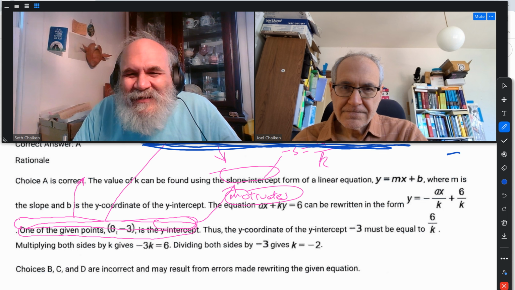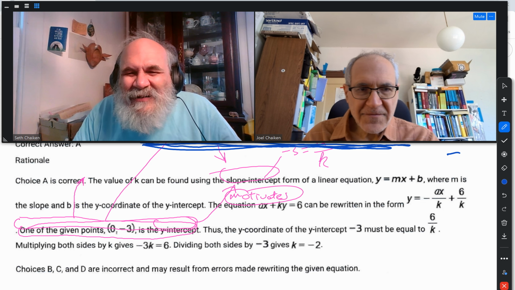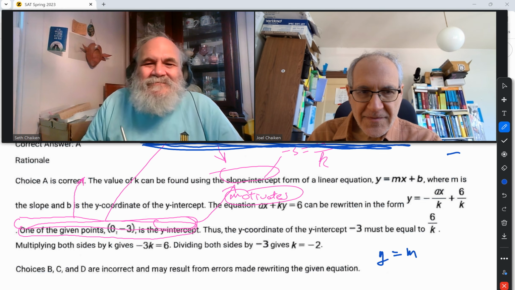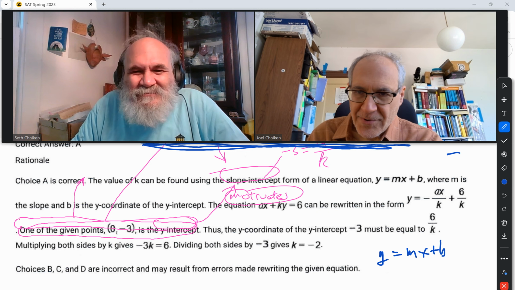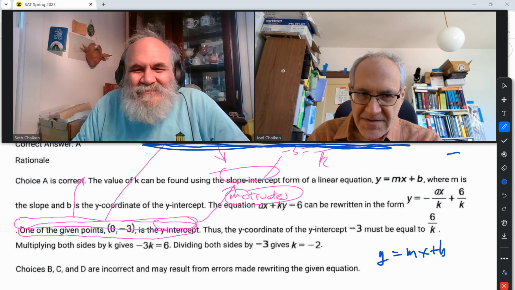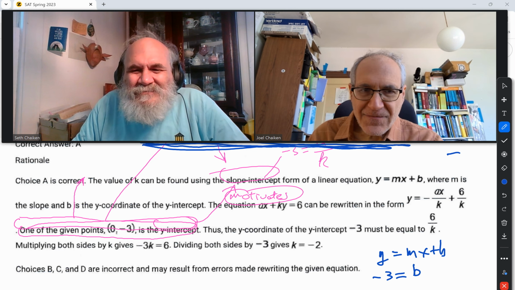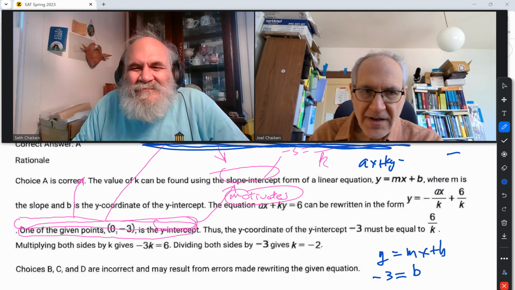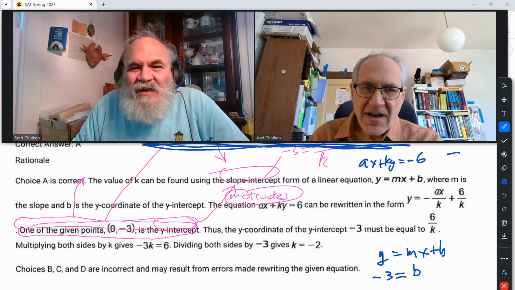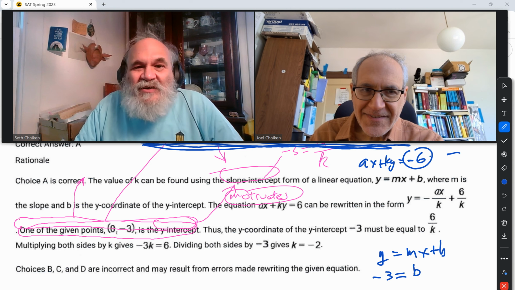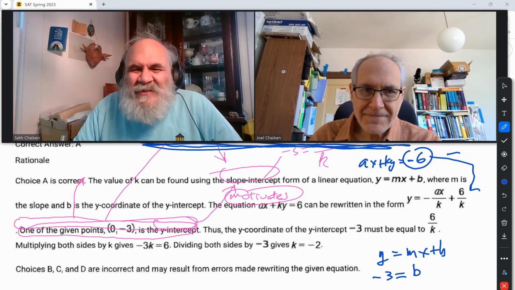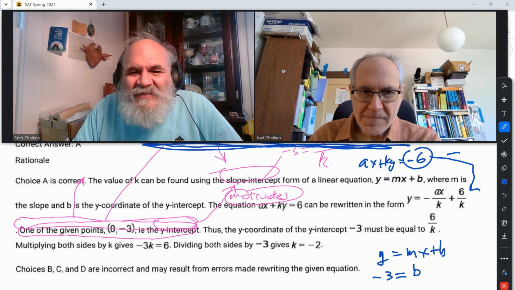Right, but if you have y equals mx plus b, and one of the points is the y-intercept, then -3 equals b. Then you have to look back at the form of the equation. It was ax plus ky is equal to -6. This is what's given.